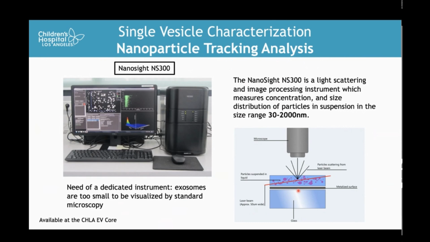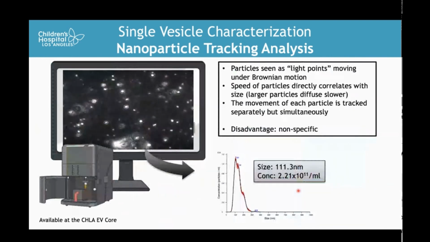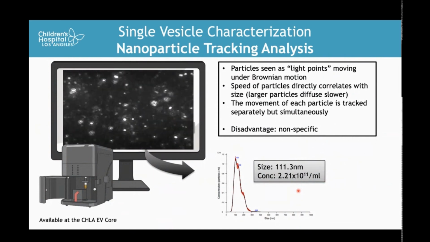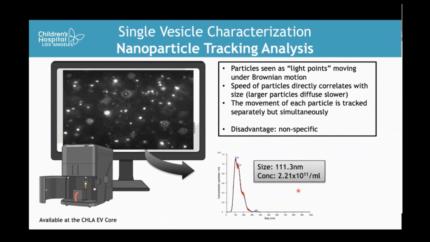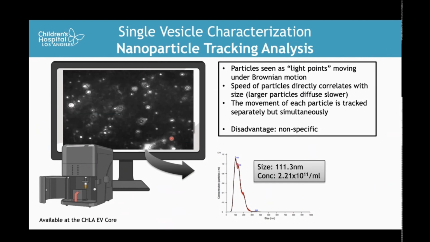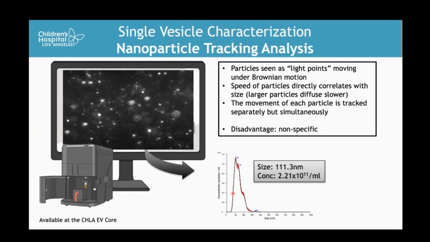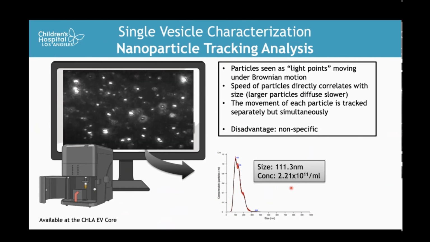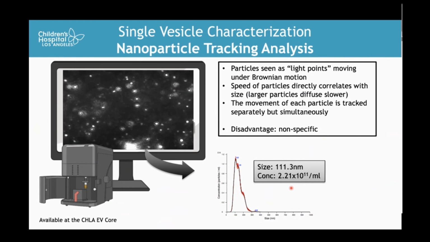The NanoSight is a light scattering and image processing instrument which measures concentration and size distribution of particles in suspension in the size range of 30 to 2,000 nanometers. The particles are seen as light points moving under Brownian motion, and their speed directly correlates with the size. So the instrument is able to track single vesicles and give us a nice size profile and also a concentration. The disadvantage of this technique is that it's non-specific.